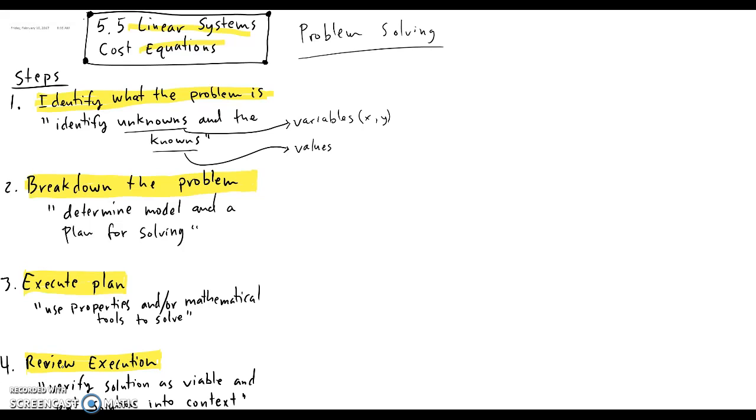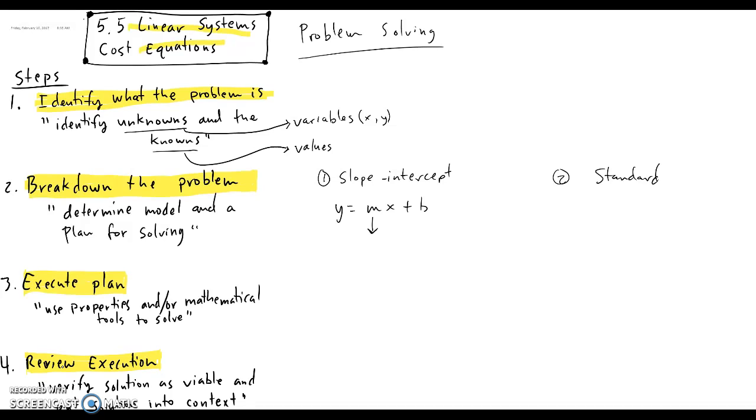So with linear systems specifically, we've learned about two models. We've learned about slope-intercept, and we've learned about standard form. The model for slope-intercept is y equals mx plus b, where x and y are variables, things that are unknown.